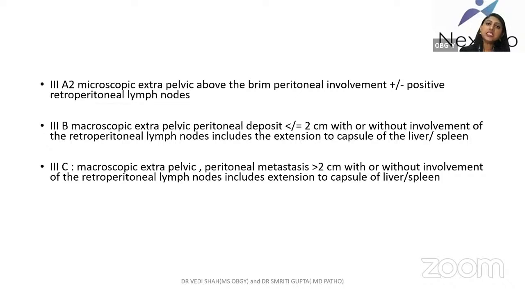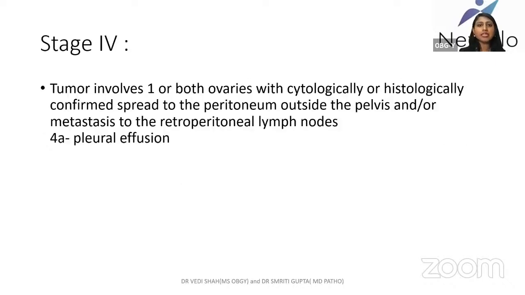And lastly, we have stage 3C, wherein the macroscopic extrapelvic peritoneal metastasis is more than 2 centimeters, with or without involvement of the retroperitoneal lymph node, and includes extension to the capsule of the liver or the spleen.